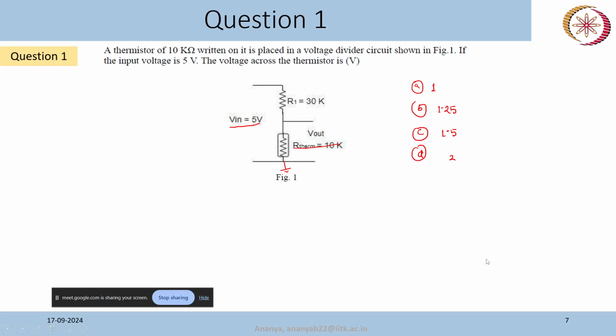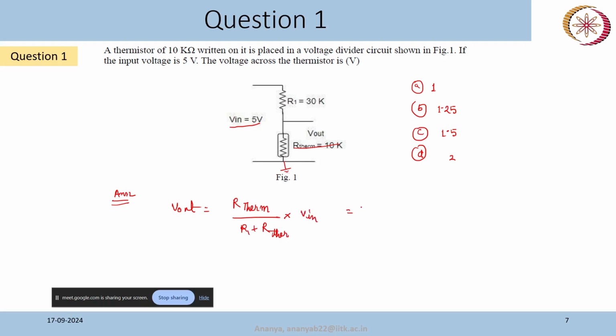Yeah, this is a very simple calculation. You can just do it like this. For a voltage divider circuit, V out is equal to our thermistor divided by R1 plus our thermistor, which is multiplied by the input voltage.